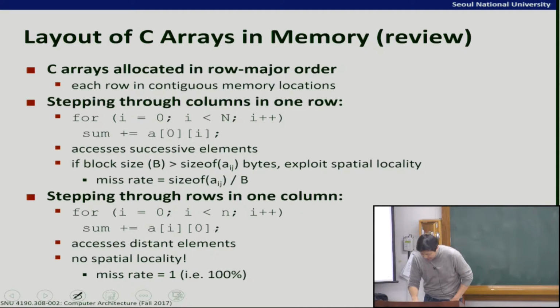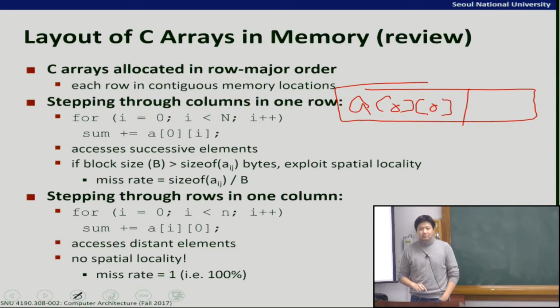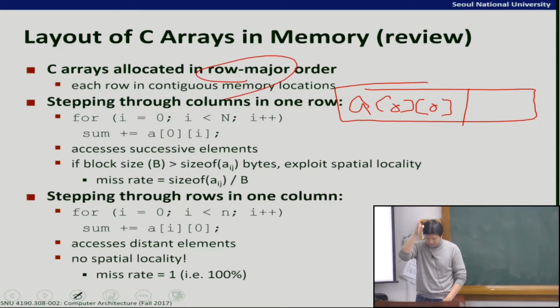In your memory space, let's say you have a linear memory space, and you have array A here. So array A[0][0] is placed here. Then what will be the next element? A[1][0] or A[0][1]? A[0][1], right? That's what I mean by row major order: all the data in a row comes first, and then you move on to the next row, and you place all the data in the columns, and so on.